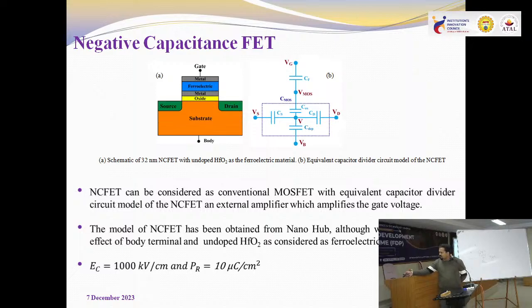Now what we have taken are the values for undoped HfO2, which I discussed in my earlier slides: coercive voltage 100,000 kilovolt per centimeter and remnant polarization 100 microcoulomb per centimeter square.